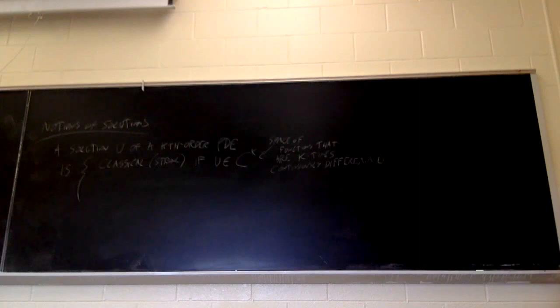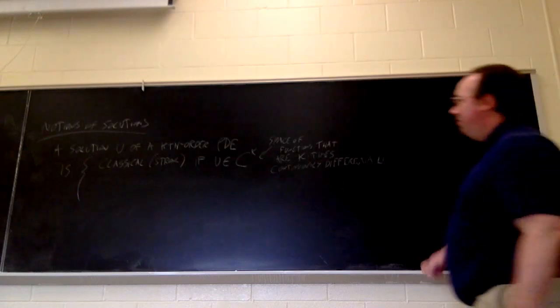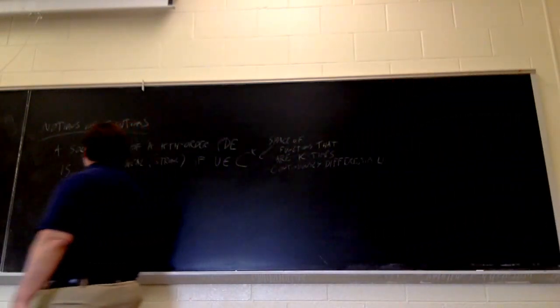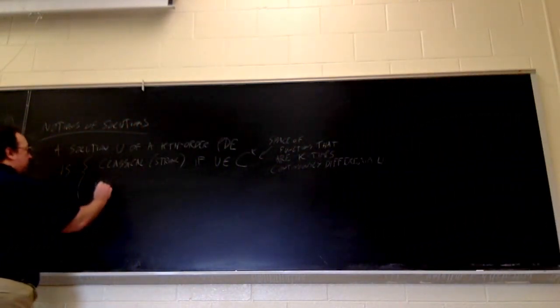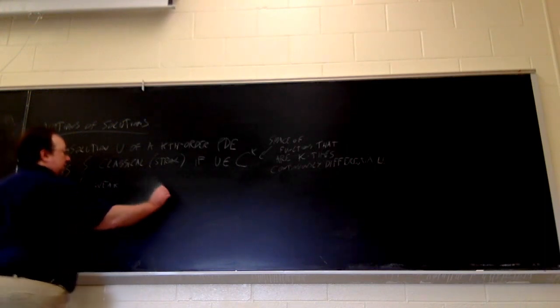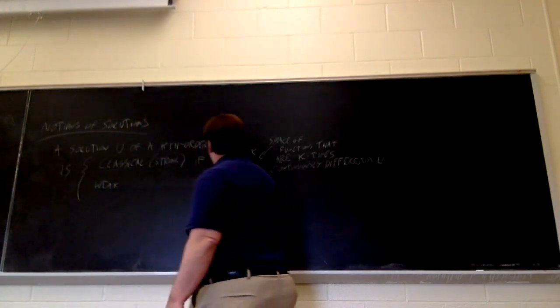So for instance, the absolute value function is only in C0. It is continuous. It does not have a continuous derivative. So if all the derivatives that are required just to substitute into a PDE exist and are continuous, then it's a classical solution. By contrast with the other term, strong solution, it is a weak solution otherwise.